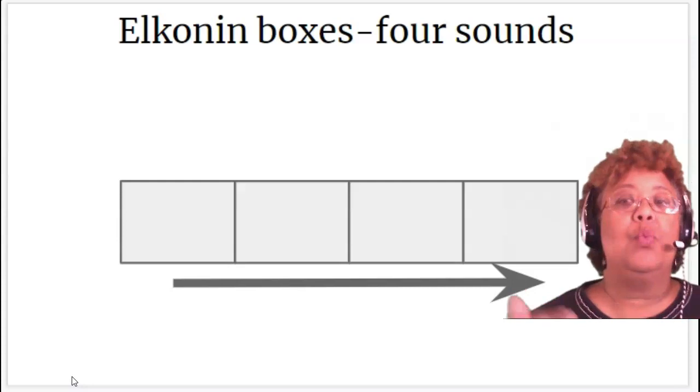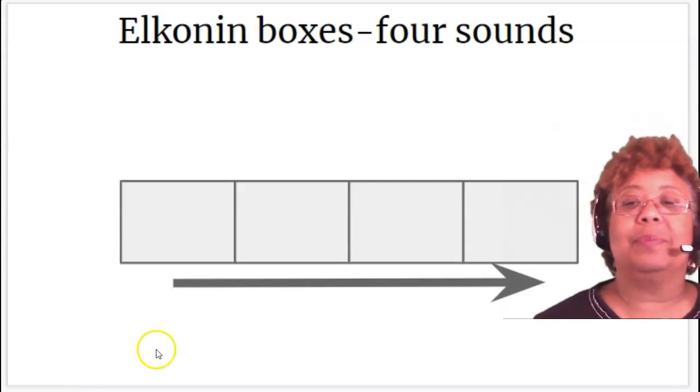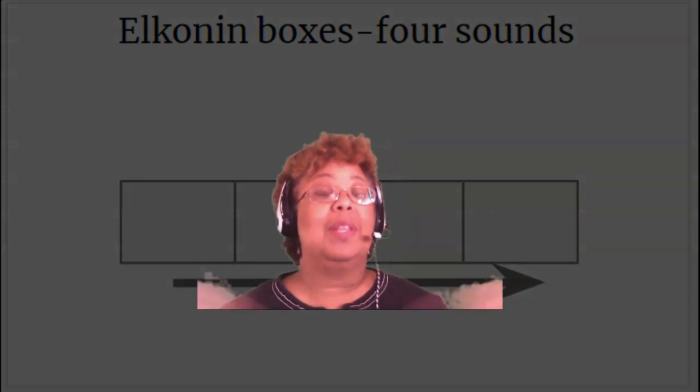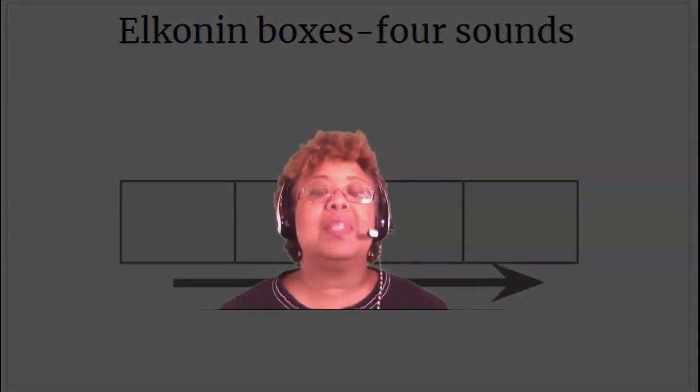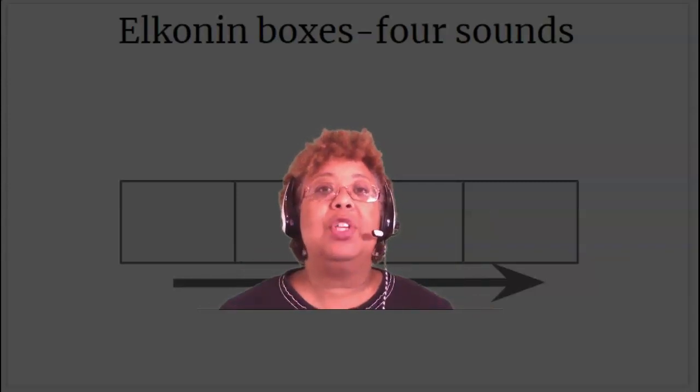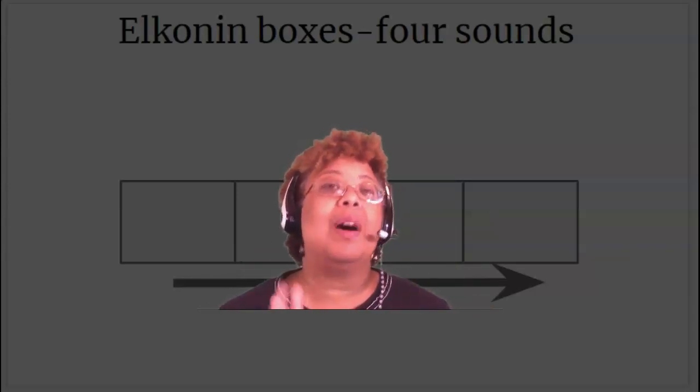By then, they're really good at sounding out words, so you may not have to use this particular tool, but you certainly can if you would like to. So this is just my demonstration of how to use these sound boxes.